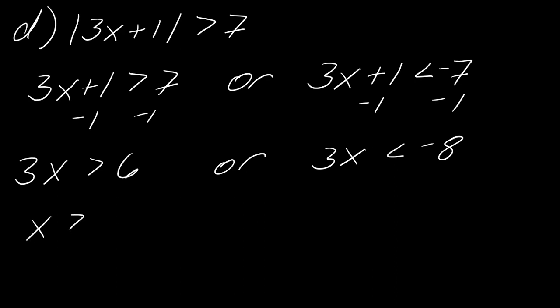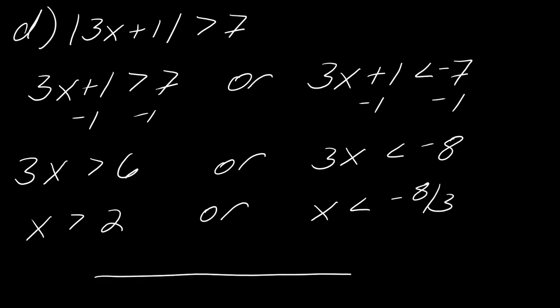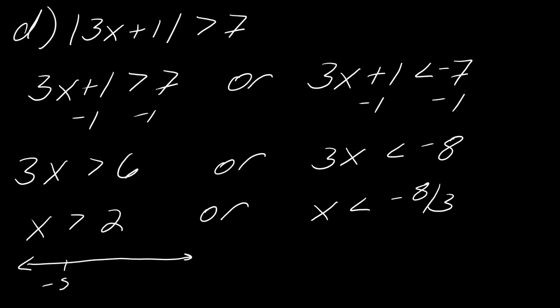So when I solve this, I get x is greater than 2, or x is less than -8/3. And so let's see, I can do the number line right here. Here's -8/3, here's 2. Open circle, we go this way. Open circle, we go this way.